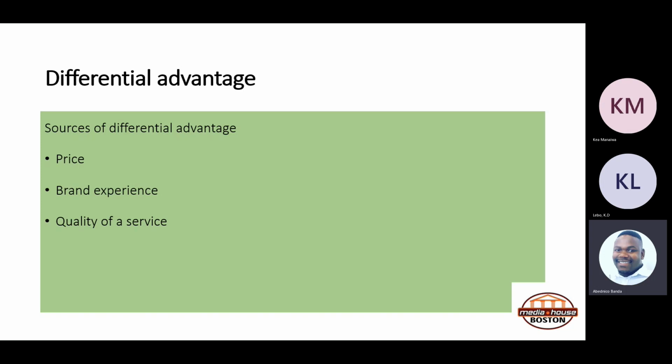All right, correct. So let's say there's a pair of shoes that is being sold at Mr Price for 150 rands, and there is a pair of All-Star Converse that is being sold at Total Sport for 950 rands.